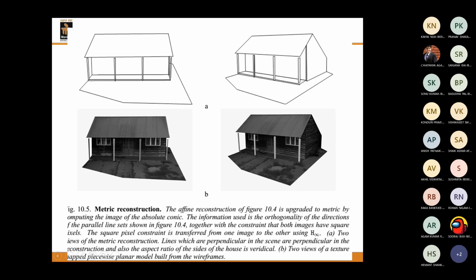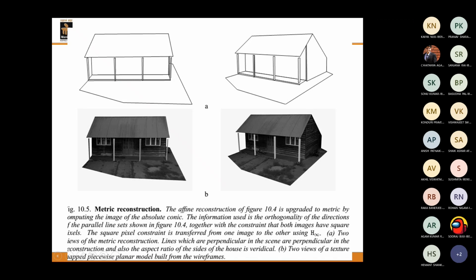For example, calculating the length of the pillars or the distance between different objects. To transform from the projective reconstruction space to the metric reconstruction space, you can either follow a stratified approach where you convert first to affine and then to metric, or use a direct approach where you directly convert to metric.